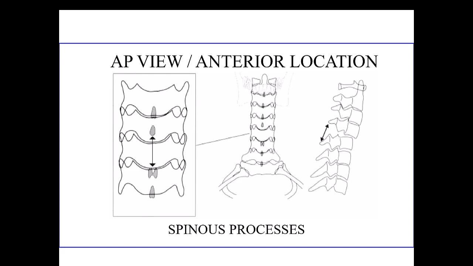When we look at the AP view to begin with, we'll notice that all of a sudden we don't have the spinous processes projected over the vertebra. Remember, the spinous processes themselves project on the vertebra below the spinous process. So if you have C5, that spinous process is going to project onto C6. If we do not visualize the spinous process, we have an anterior dislocation, and that can be seen on an AP view as well as the lateral view.